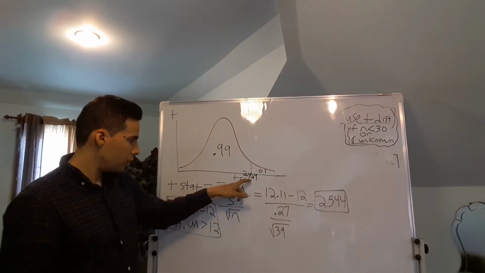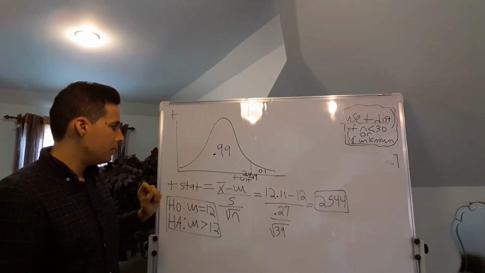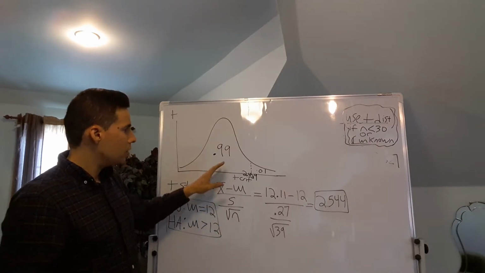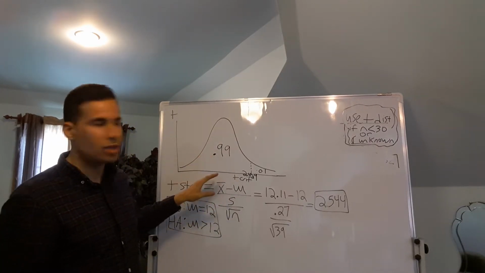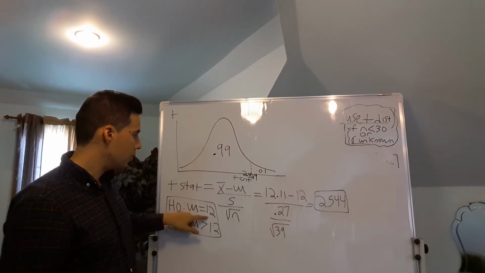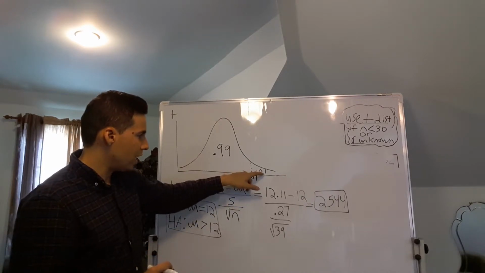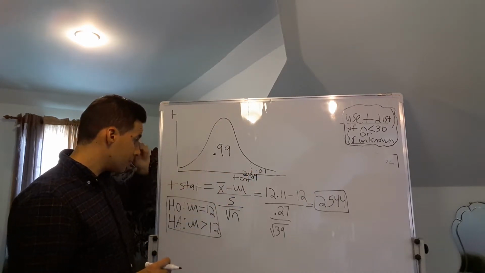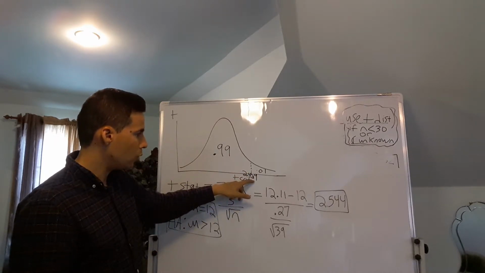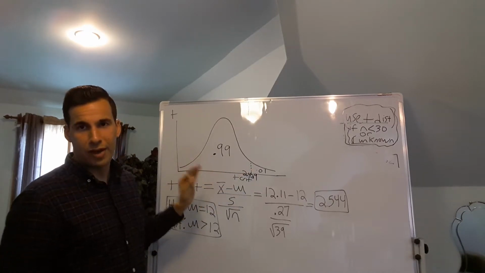The t-critical value has 1% greater than it, which means we're willing to say that with 99% chance the population mean is 12. But we're willing to accept a 1% chance that if you get a t-statistic equal to this value or even bigger, it could have happened by chance.